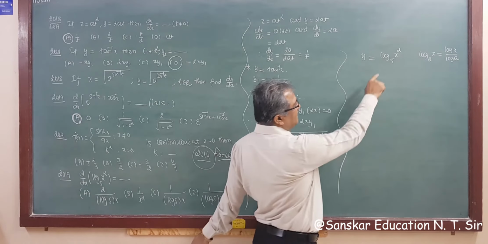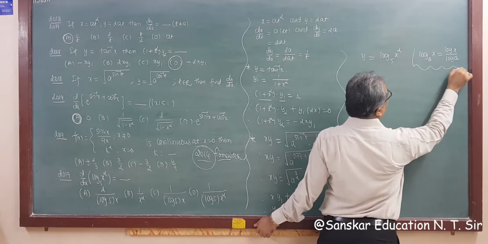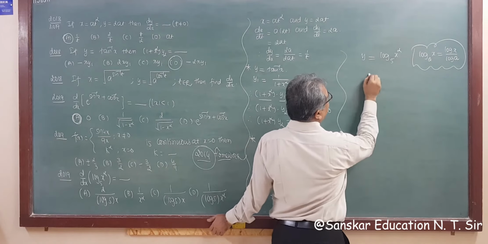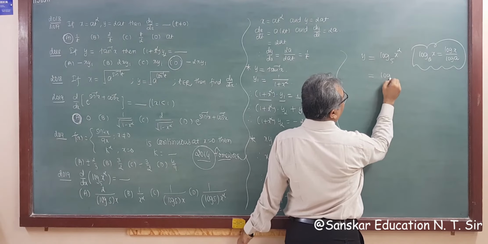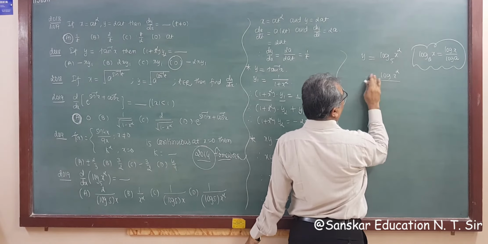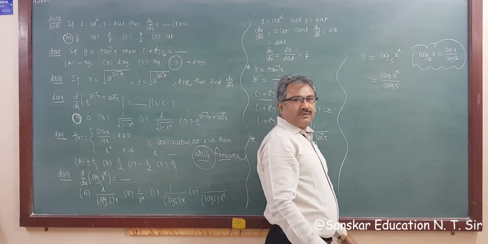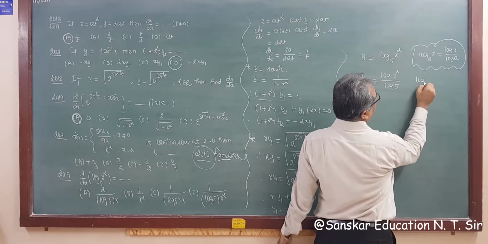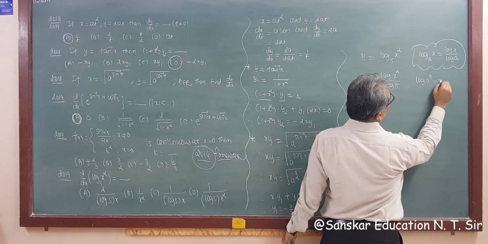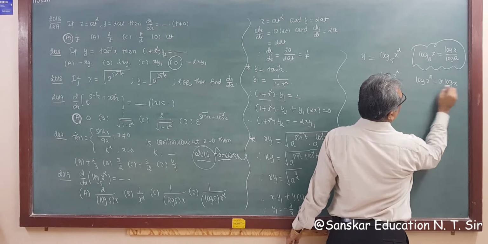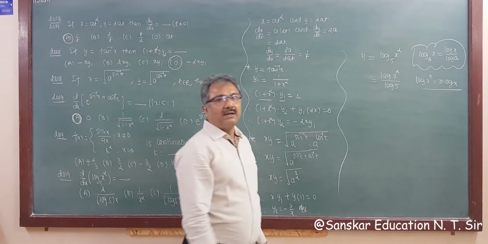So applying this change of base rule here, what we get? This is log of x square whole upon log 5. Now you also know one formula for log, power rule. Log x raised to n is equal to n log x.